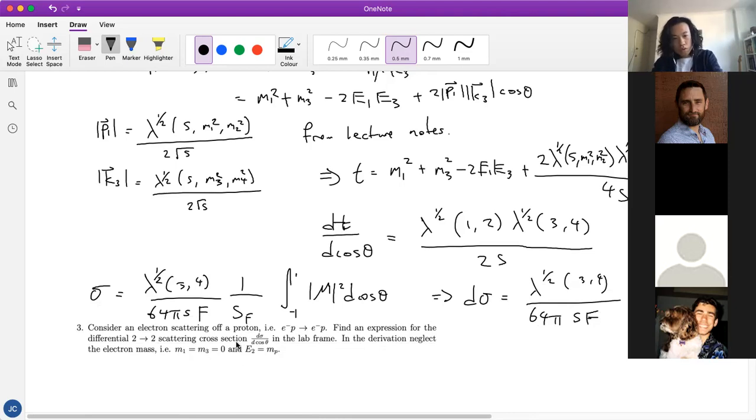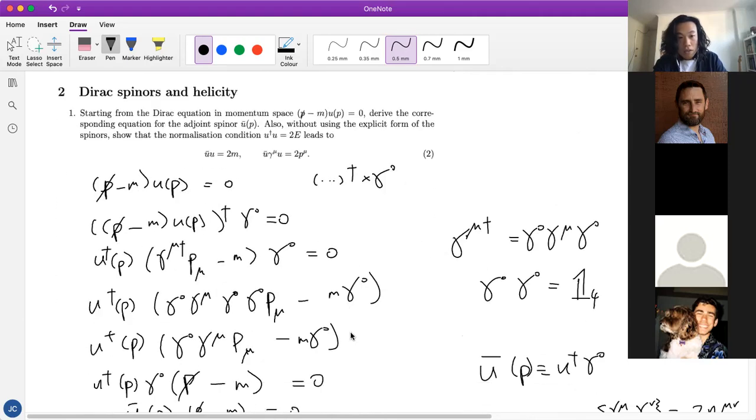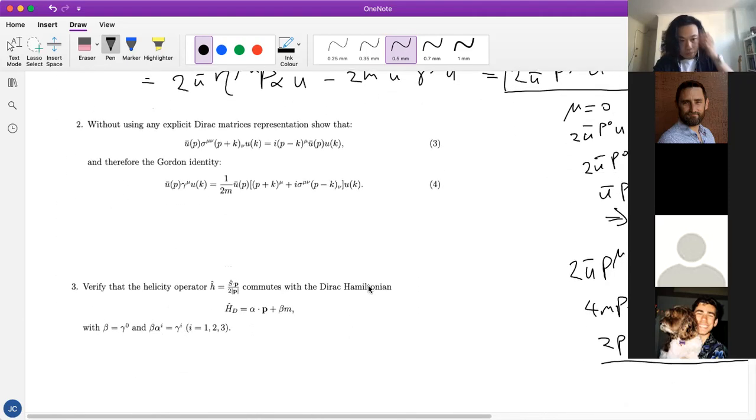I'll upload the solutions for all of this, so you can see exactly how to do it if you don't want to try it yourself. But algebraically, it's pretty similar to what you're doing here. So I'm not going to do it now. I'm going to go back to the Dirac equations and do the second one.